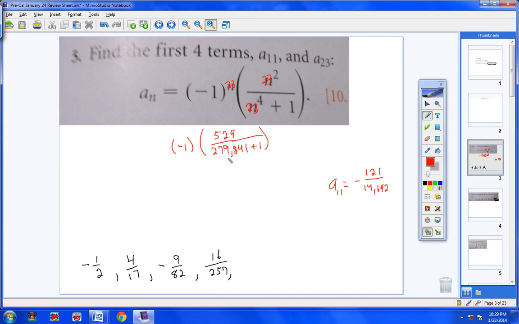So it looks like my fraction would be 529 over 279,842. Then times the negative 1 just makes it a negative fraction. So negative 529 over 279,842, and that would be your 23rd term. Kind of a long problem, but they're just getting you to practice substituting numbers into an nth term and getting out a certain term.